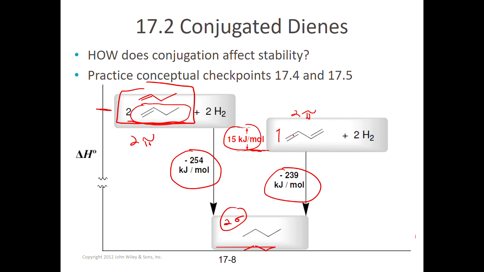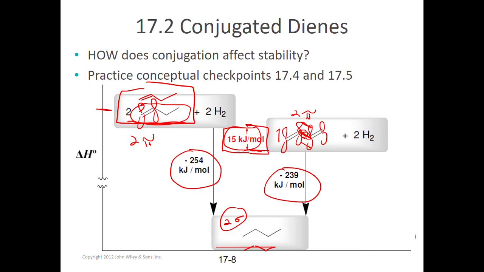So these 2 pi bonds happen to be 15 kilojoules per mole more stable than these 2 pi bonds because they don't release as much energy when they're converted into sigma bonds. So that allows me to quantify the stability associated with the extra strong sigma bond due to the tighter orbital overlap, these more compact orbitals holding everything closer together, in combination with the orbital overlap between the pi bonds. We already know there's orbital overlap between p orbitals when a pi bond is formed, but there's also orbital overlap here.